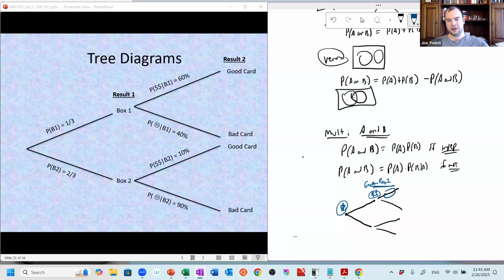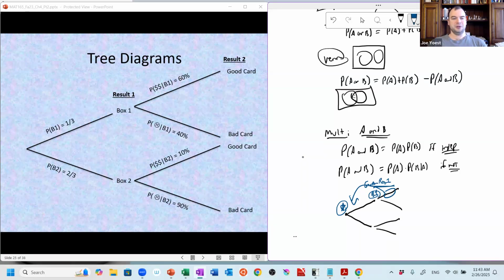It's conditioned on what happened on the previous branch, what this sub-branch is branching off of. The probability I get a good card and win the money, given that I'm at box one, is 60%. So the probability of a good card here is not just 60%, it's the probability I get a good card given that I'm at box one. And the probability of getting a bad card and losing the game, given that I'm at box one, is 40%.